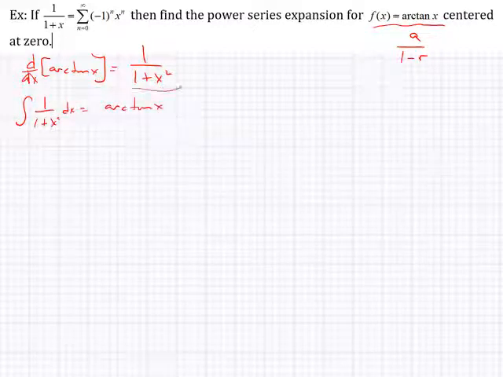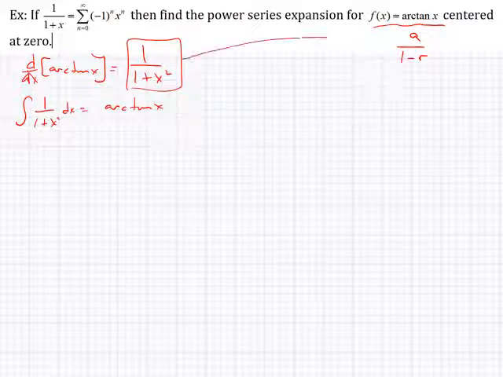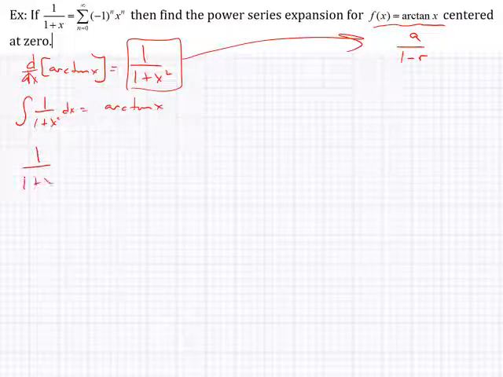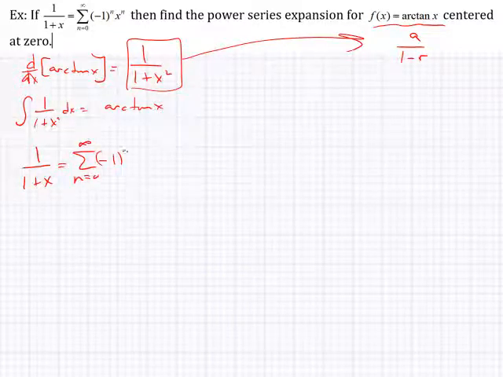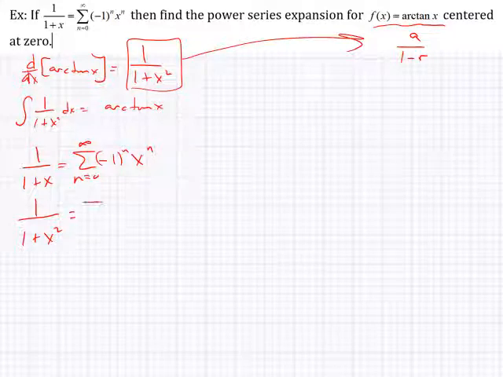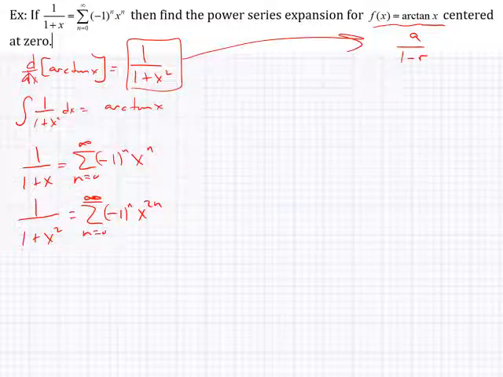Now 1 over 1 plus x squared, that does have the a over 1 minus r field. So let's think about this. If I know that 1 over 1 plus x equals the sum of n equals 0 to infinity of negative 1 to the n, x to the n, I could also use my operations to say 1 over 1 plus x squared equals the sum of n equals 0 to infinity of negative 1 to the n, x to the 2n.